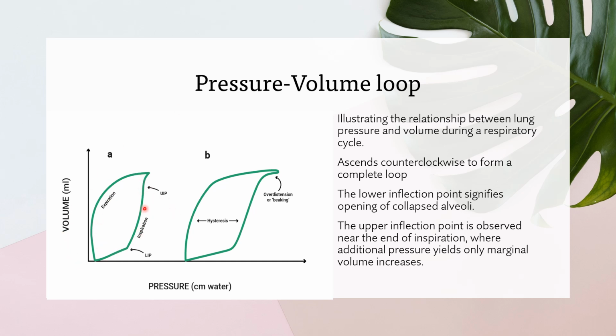A flattened curve, meaning a curve shifting towards the right, suggests reduced lung compliance, while a steeper curve, or shifting towards the left, indicates enhanced compliance. A broader curve signals increased airway resistance and a narrower loop suggests lower resistance.